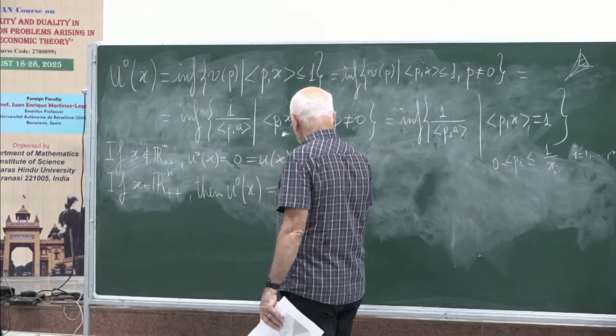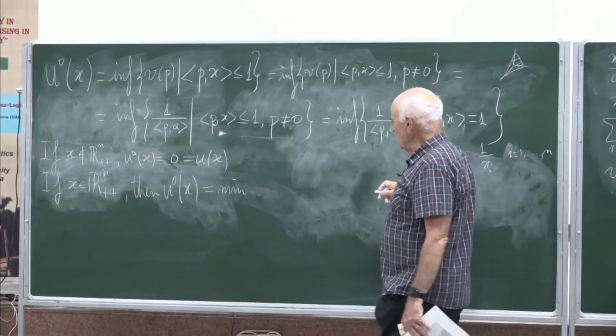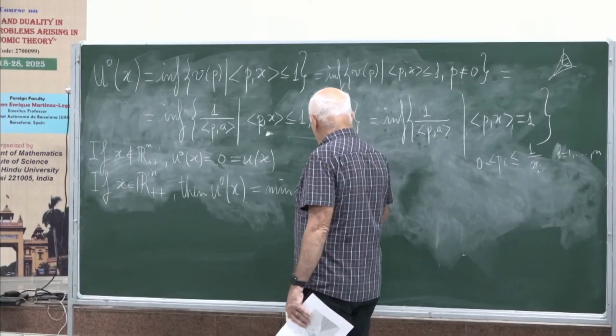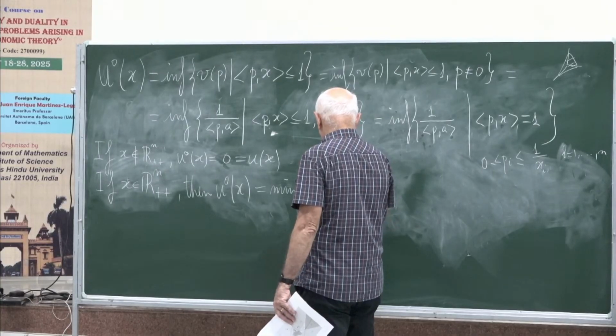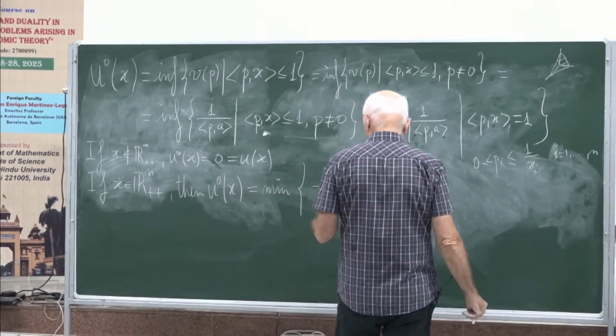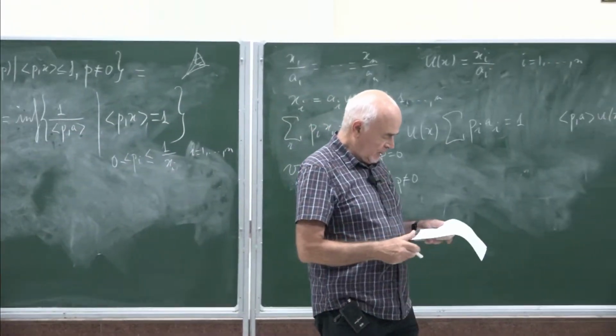So this would be the minimum, for the denominator the maximum, of 1 over, which are the vertices of this polytope.